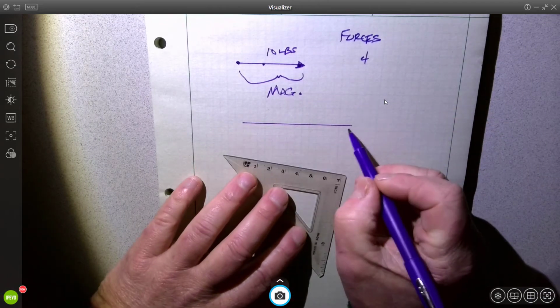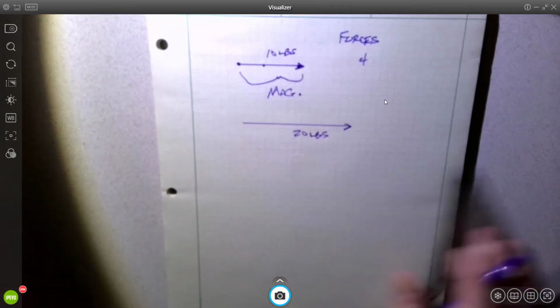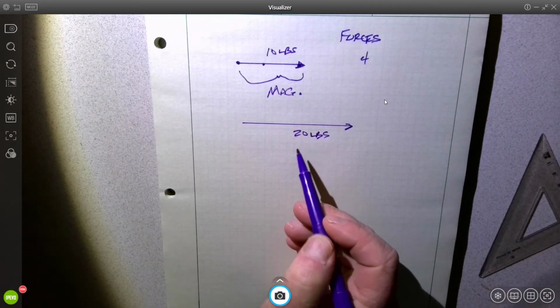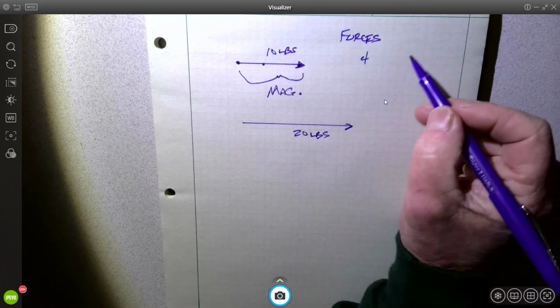You do not have to set up a scale. But it's nice if 20-pound forces are longer than 10-pound forces. Okay? You can actually solve some problems graphically if you just make a scale and draw them graphically. All right, so we have magnitude. That's one of them.